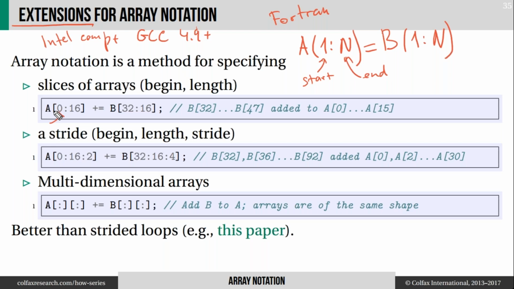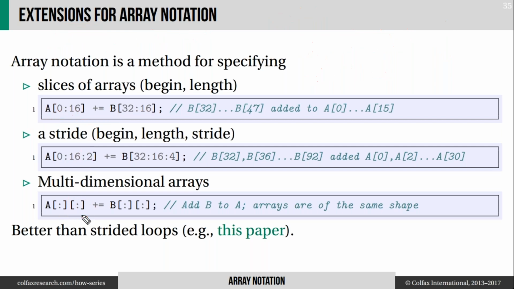Instead of round, you have square parentheses, and the first argument is still start, but the second argument is not end, but rather it is count. So here I'm adding 16 elements from B, starting from 32, to 16 elements of A, starting from 0. You can indicate the third argument, which would become a stride. You can specify multidimensional arrays, and you can even omit the range if the compiler knows the range syntactically.